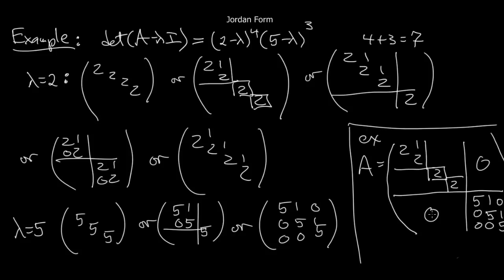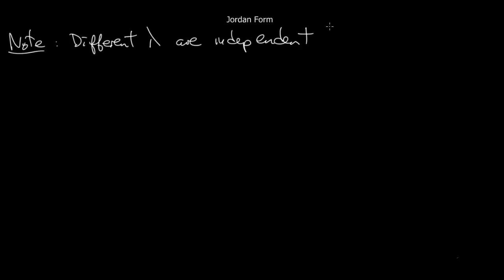Okay, so let's see. One observation here is that the different eigenvalues are really independent of each other. So you wind up with this block decomposition where you only have to analyze each eigenvalue separately.